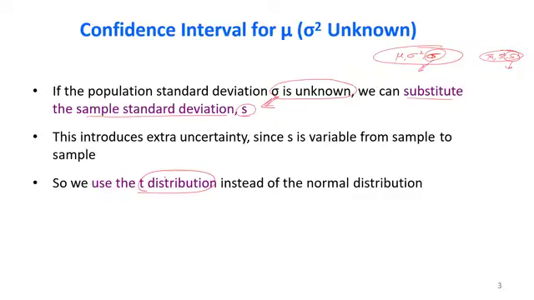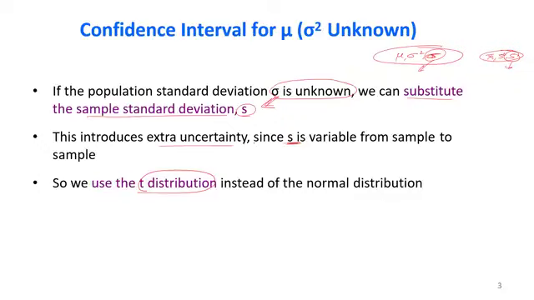Those are the two major changes we have to consider when the population variance is unknown to us. If we go with a sample standard deviation, it introduces extra uncertainty, because S is a sample standard deviation, and generally when we consider a sample, there is some level of sampling error included.